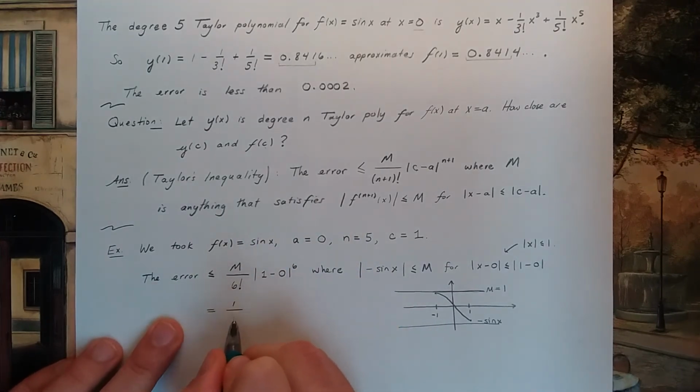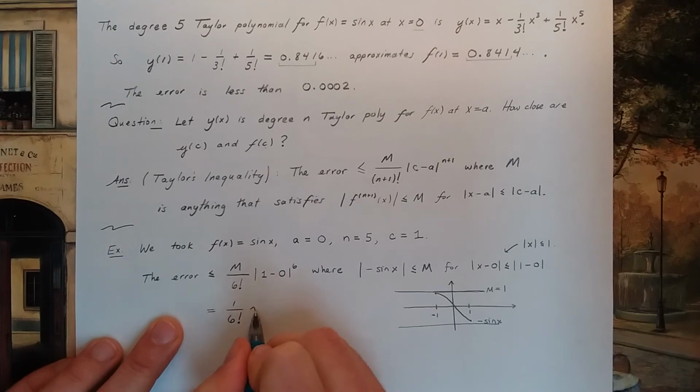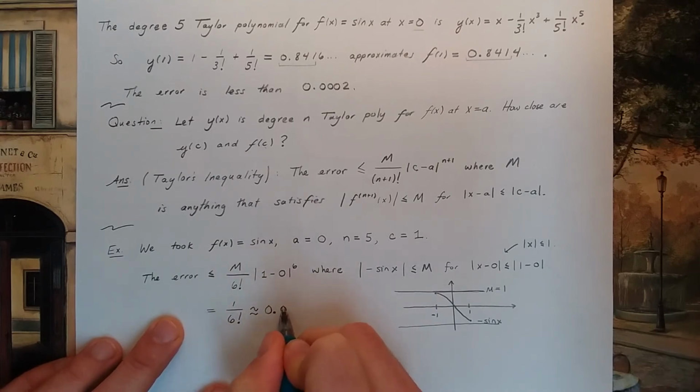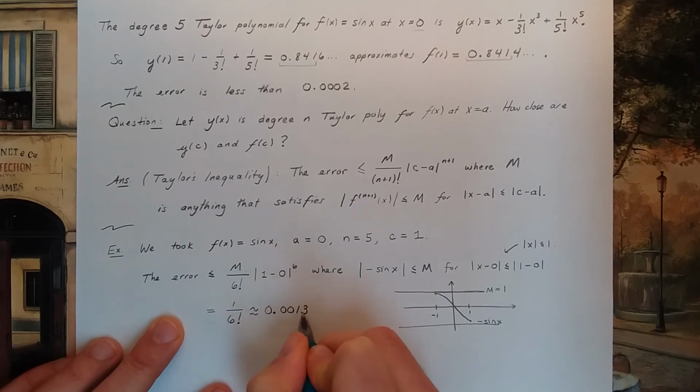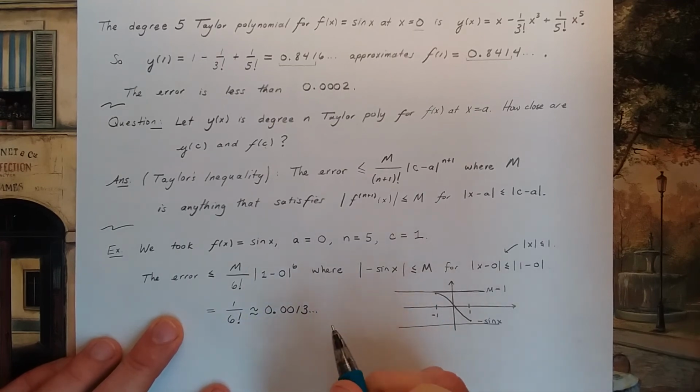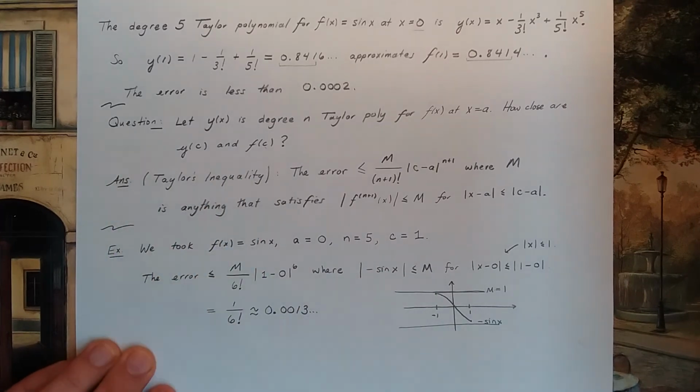So I get 1 over 6 factorial. Now, 1 over 6 factorial happens to be approximately equal to 0.0013, and so on. So what does Taylor's inequality tell me?